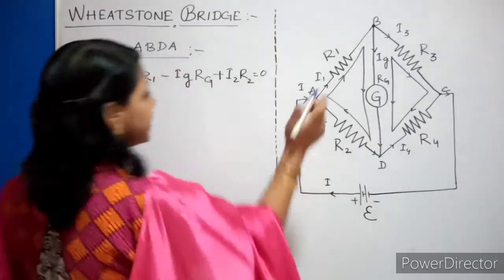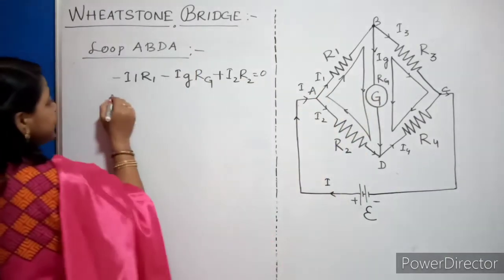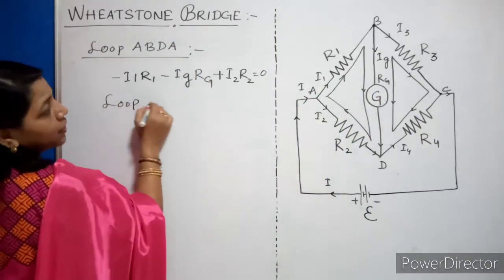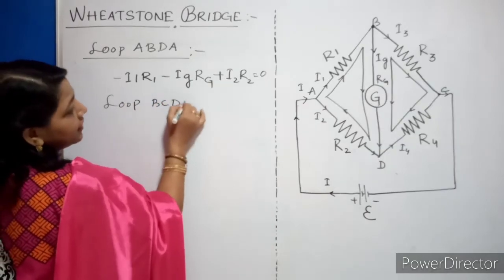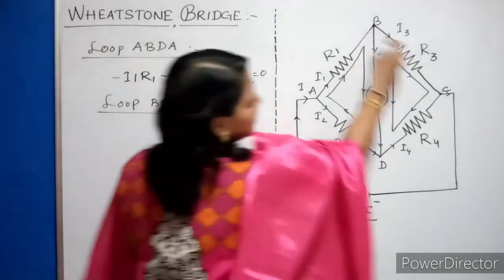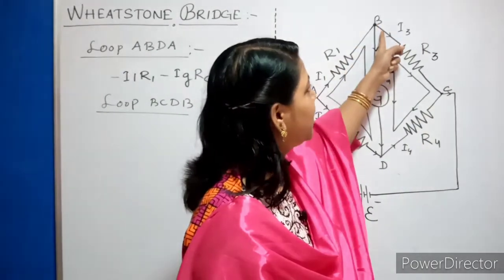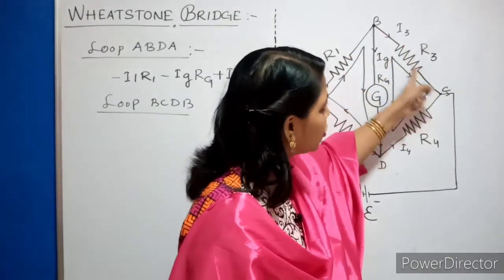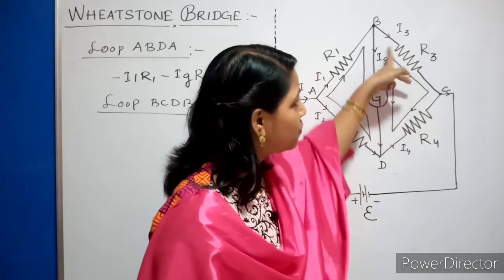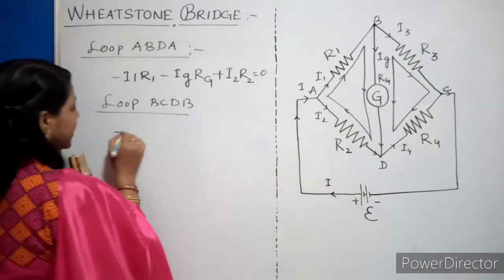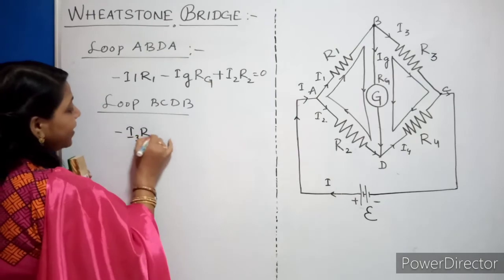Clear? Now in the same way write for the second loop. What is that loop? That is B, C, D, B. Start from anywhere. I am starting from B. The current direction is the same as our assumption, so our term is minus I3 R3.